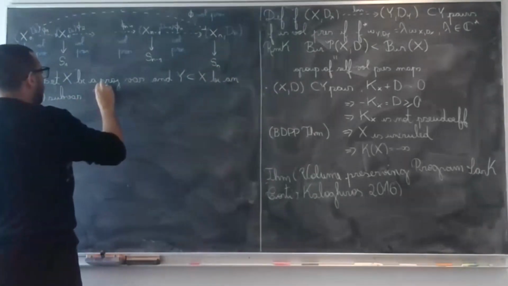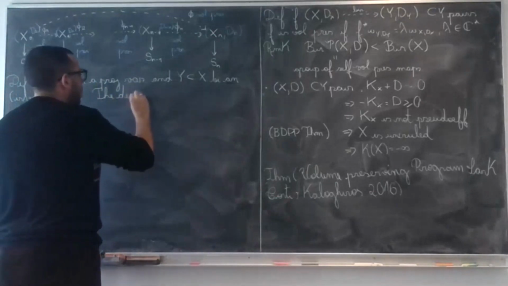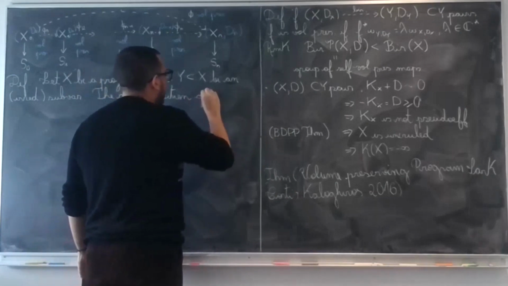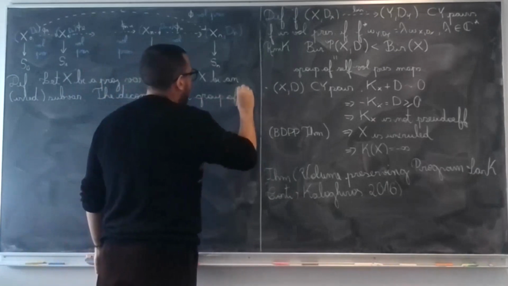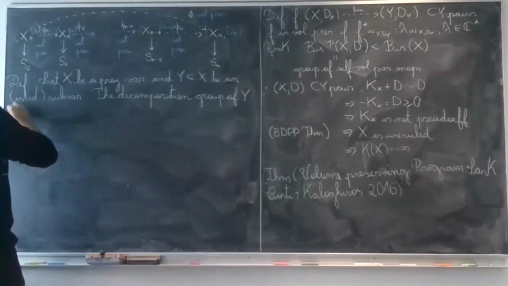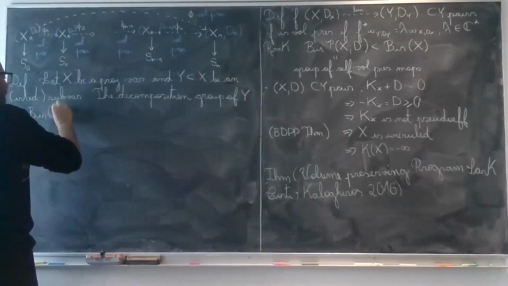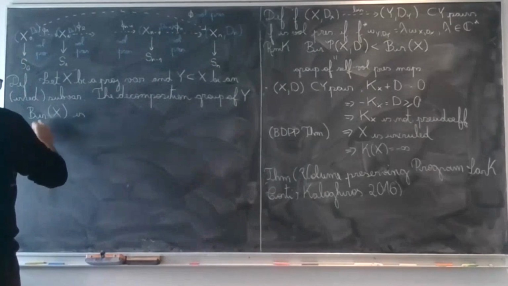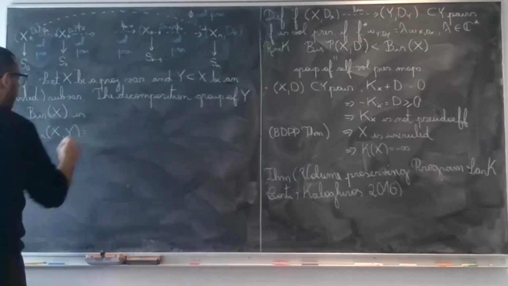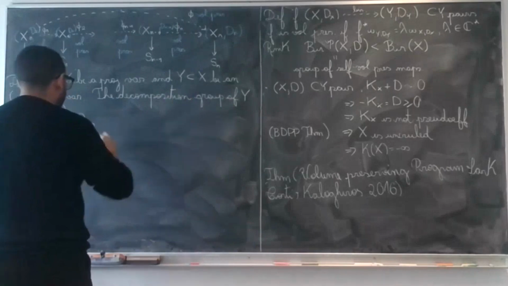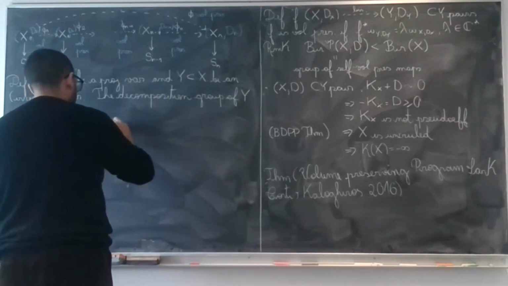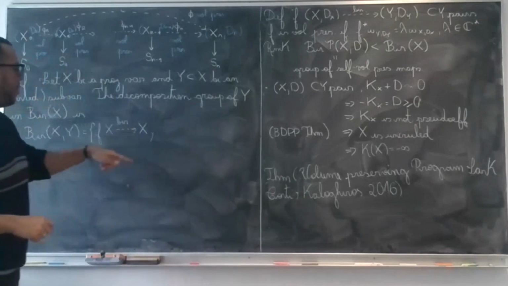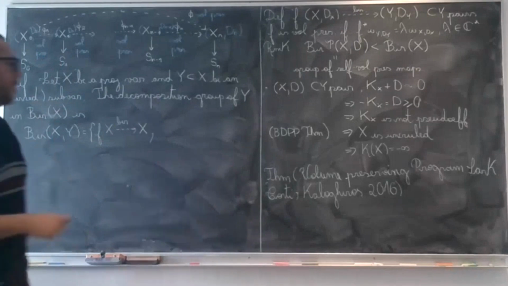The decomposition group of Y in Bir(X) is given by the group of birational maps of the ambient space such that the restriction to Y will be a birational map.